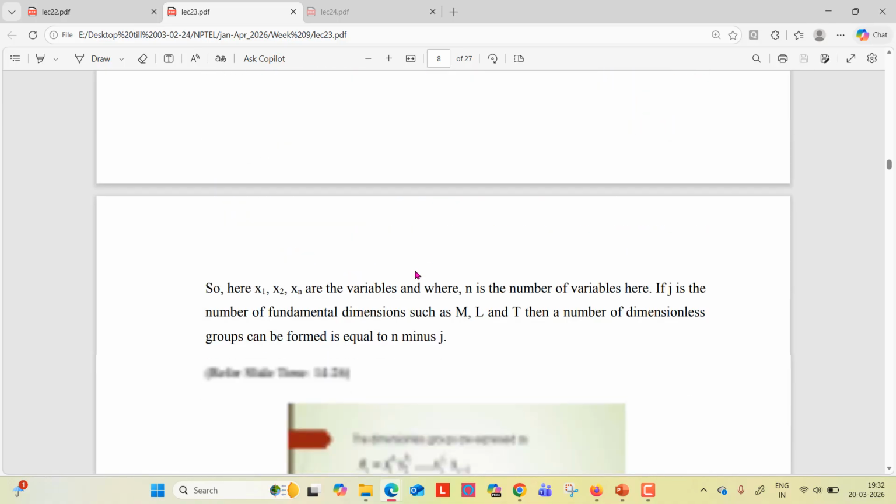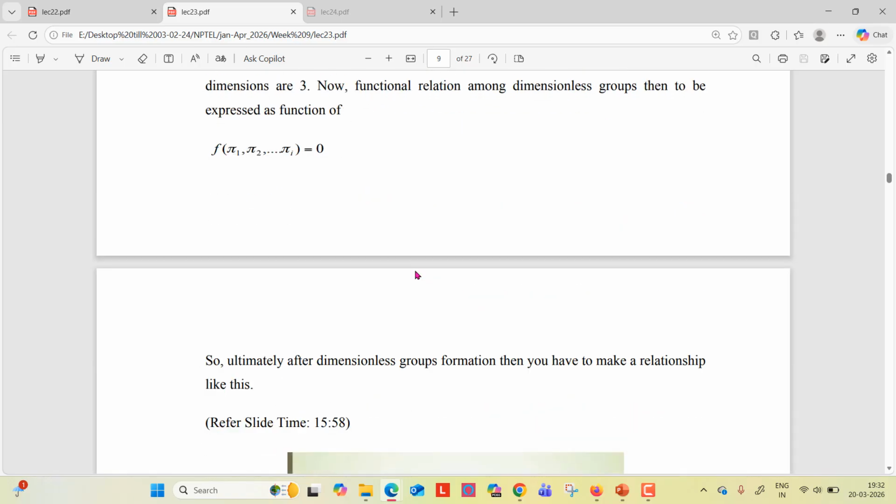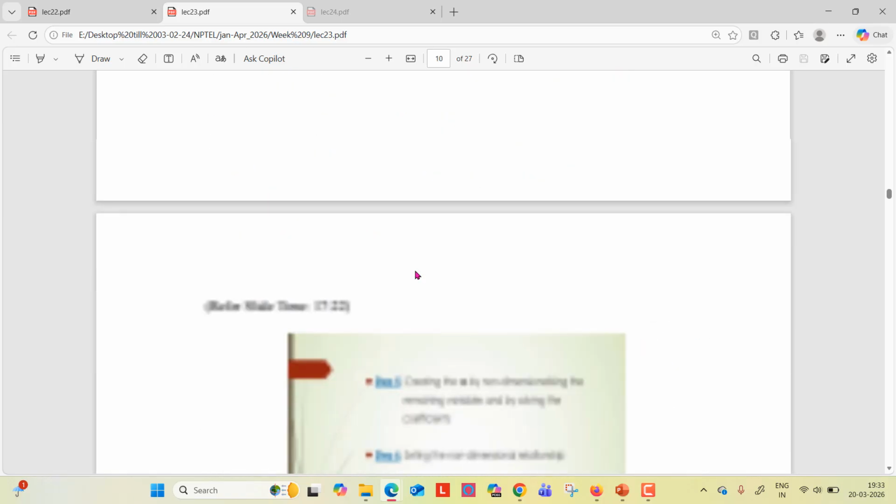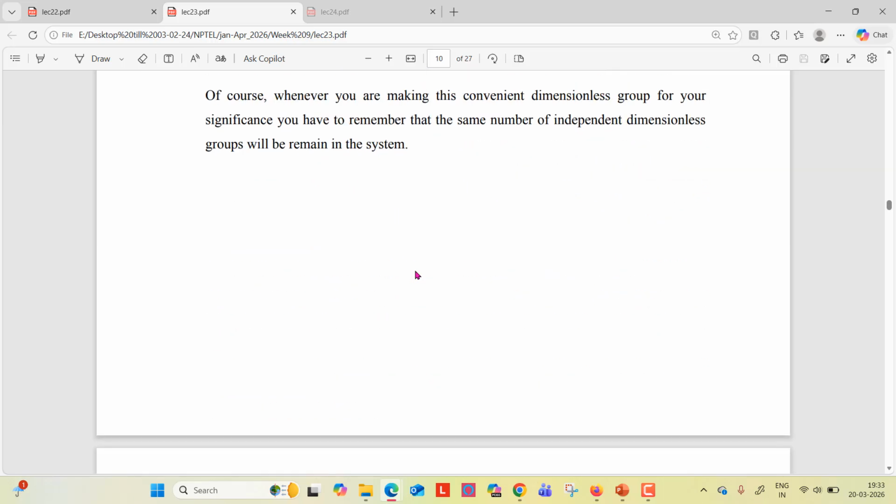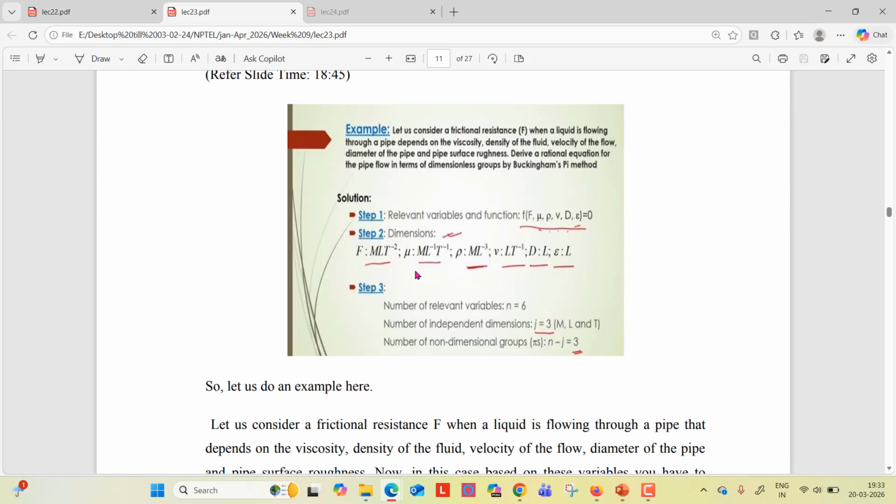Okay, so let's get to the examples directly. So now same system. So here we have to define the relevant parameters, that is, what are the total numbers of parameters.